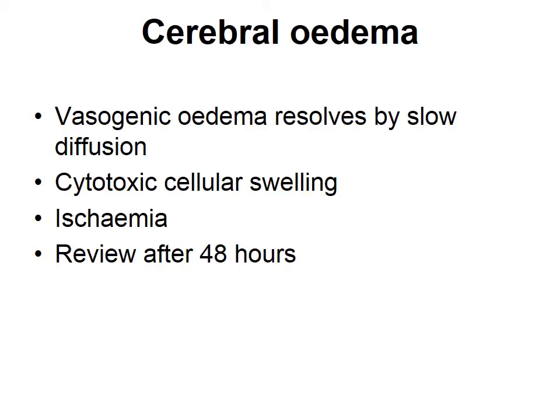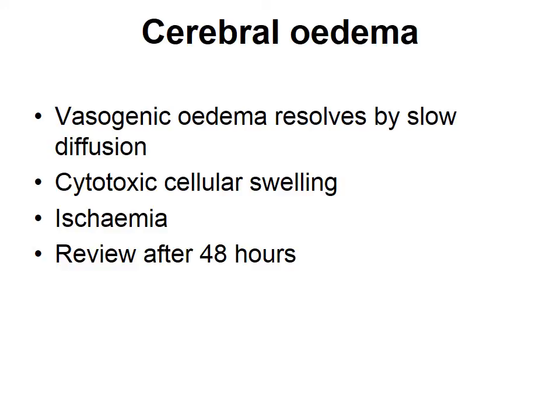So you can get a vasogenic cerebral edema because of the increase in the volume of the interstitial fluid in the brain. And the second mechanism of cerebral edema is cytotoxic cerebral edema. What happens here is that inside the individual brain cells, it runs out of energy, it runs out of the ATP. So the pumps on the cell membranes that pump out the sodium stop working. That means the intracellular levels of sodium greatly increase.